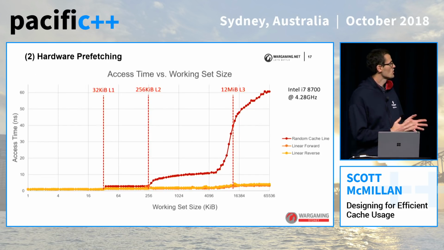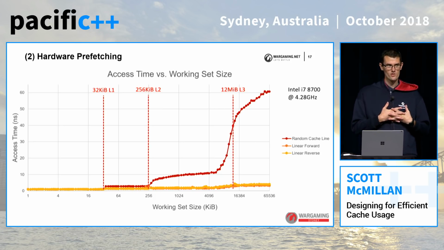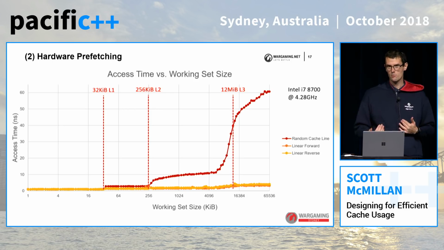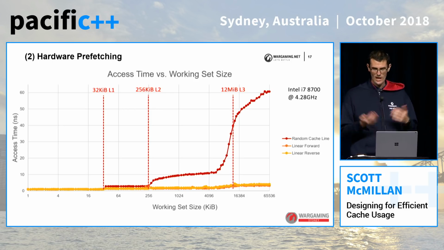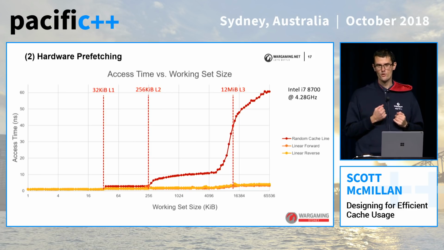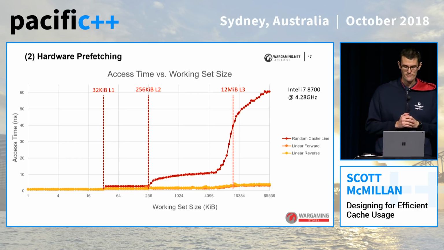All right, so let's move on to the topic of hardware prefetching. It's not just about which cache lines you access and the number of them. Predictable access patterns are also very important. The hardware prefetchers attempt to speculatively load data into cache by predicting what data the program's about to access. And obviously they can only do this if they can predict what data the application is going to need.